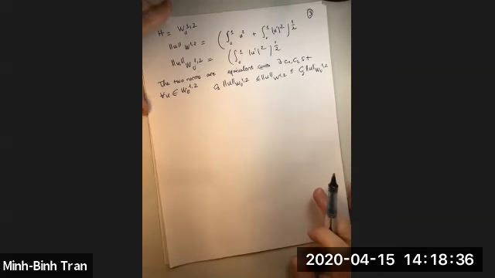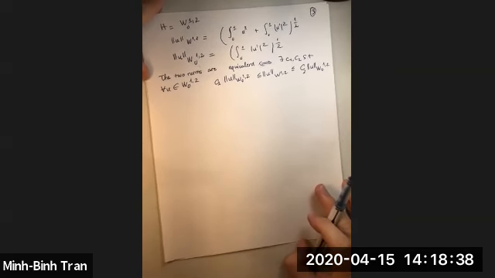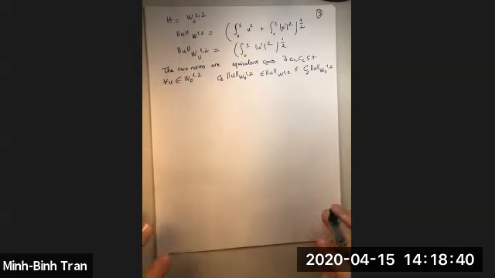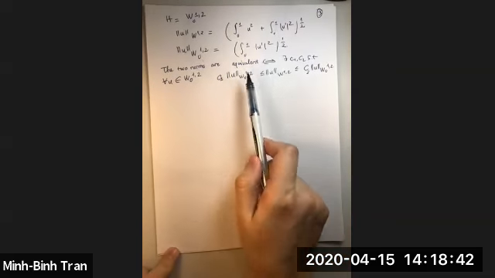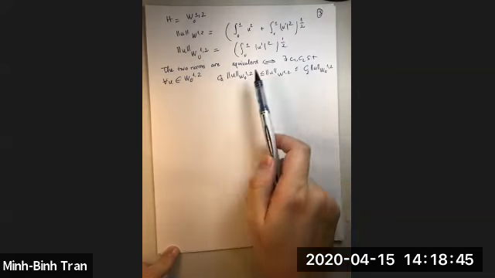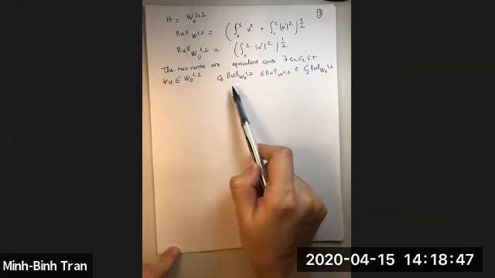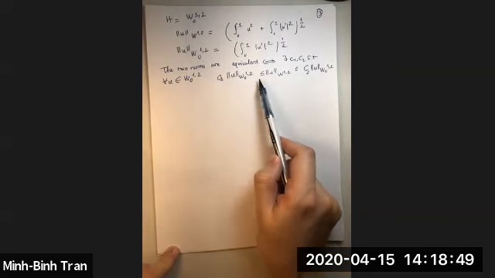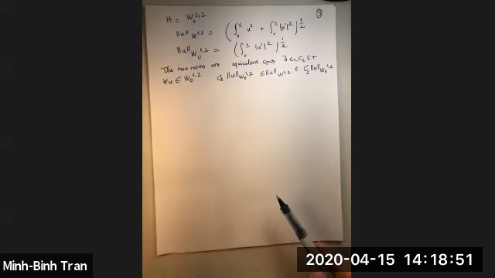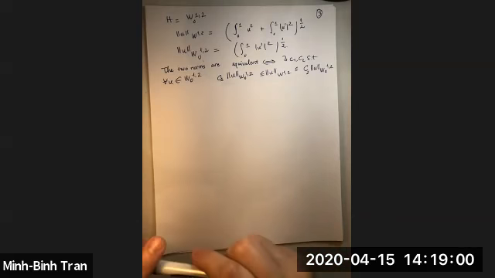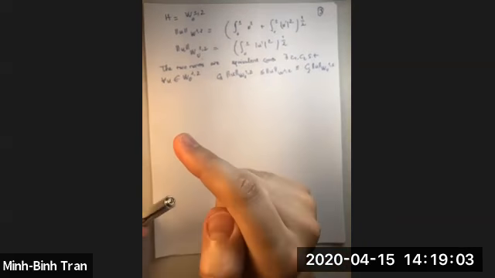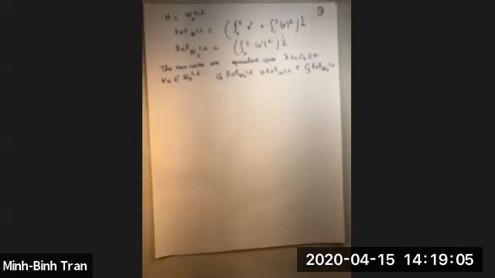So I'm saying that those two norms are equivalent because there exist two constants C1, C2 such that this holds. So who knows why?